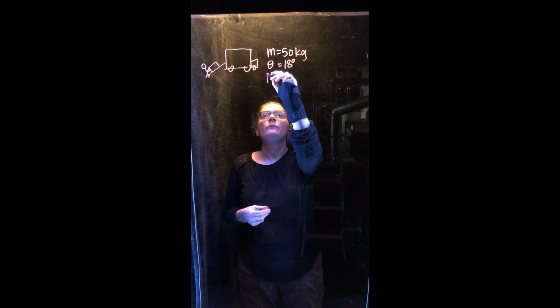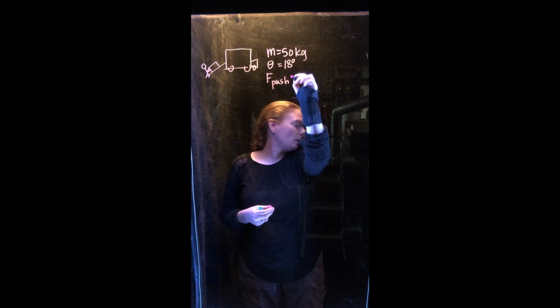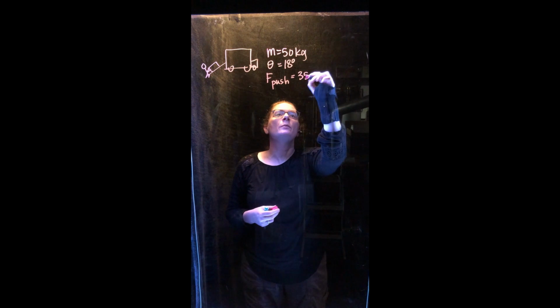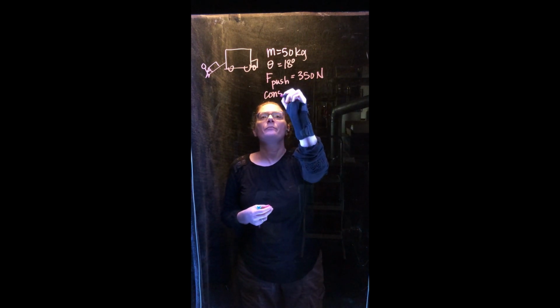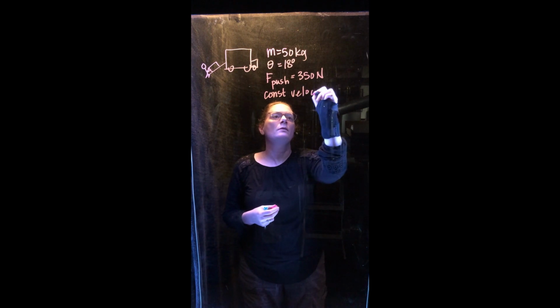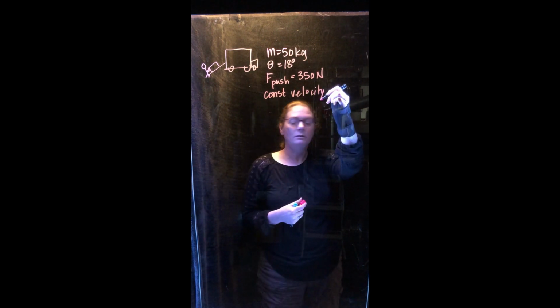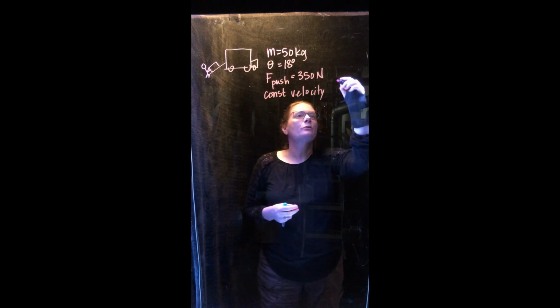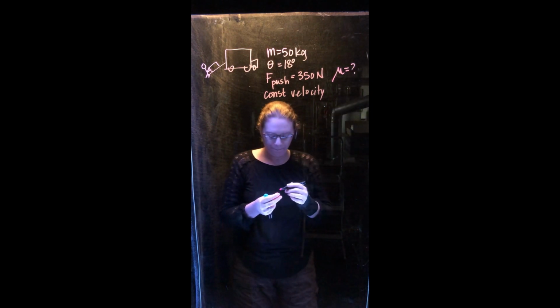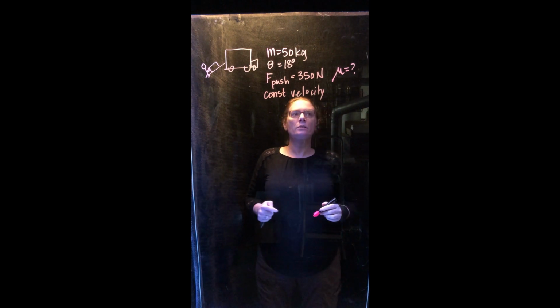You push with a force of 350 newtons upslope, and it moves up at a constant velocity. I like those words because that means there's no acceleration, balanced forces, easier math. What is the coefficient of friction?